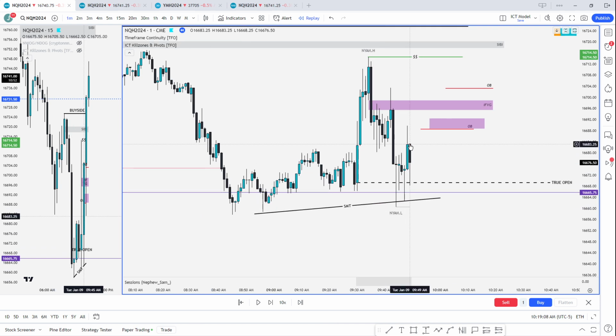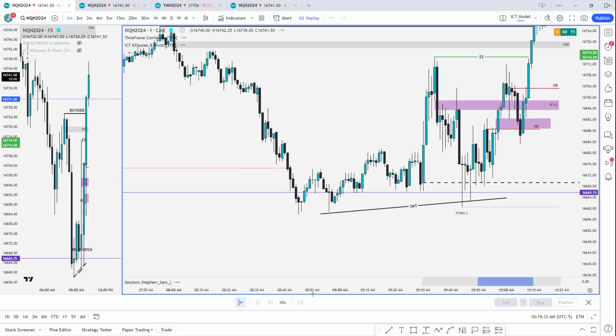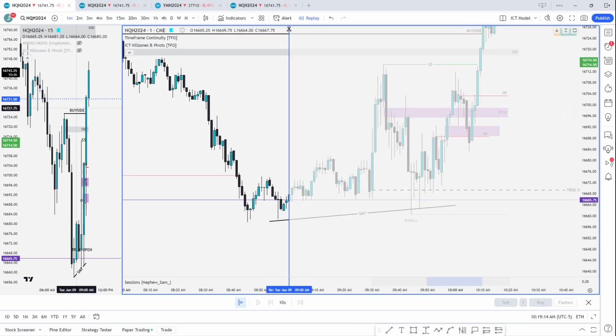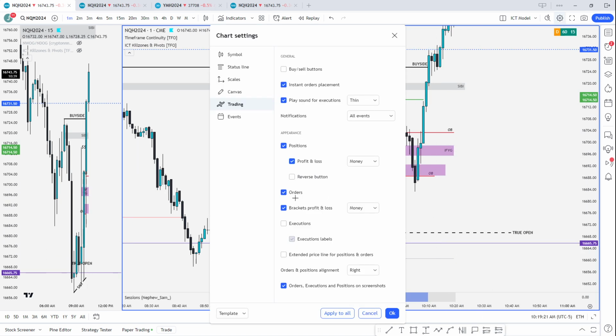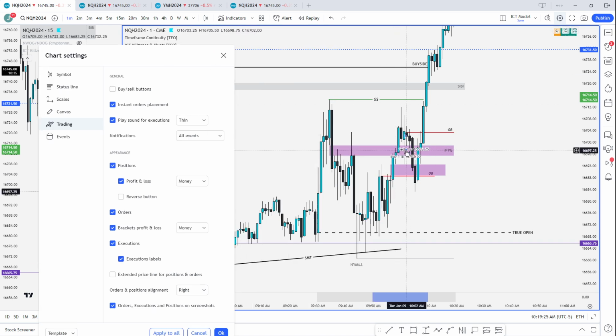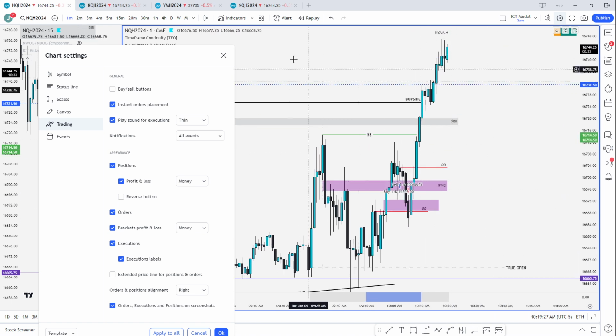I still think that is a good short. And obviously you can tell how it plays out, where we don't get it. And then you can see the long opportunity I went long on. Long there, stopped out, and then it flies.